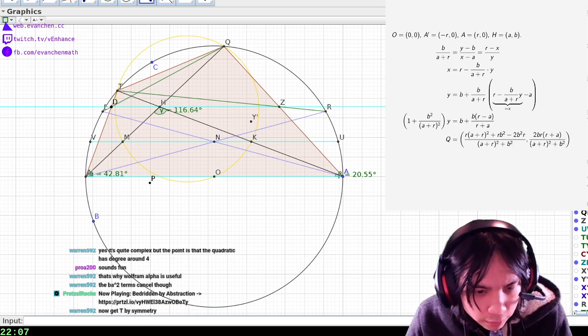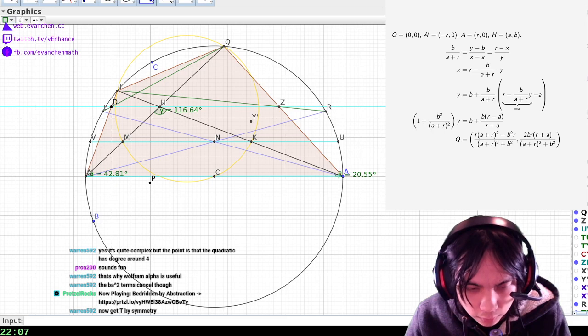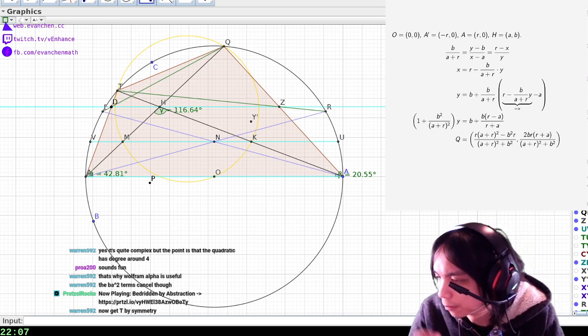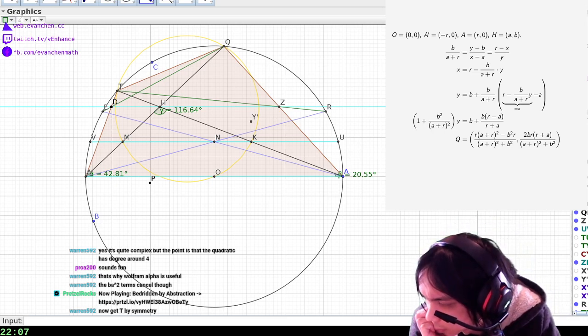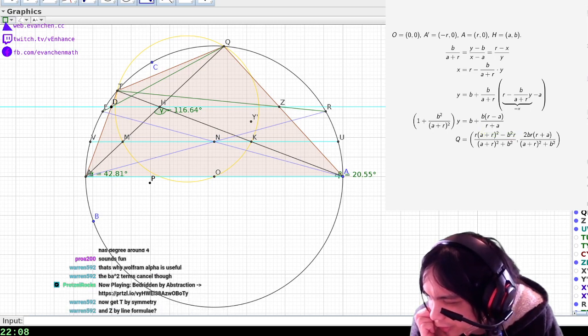Okay, so this term collects. This one doesn't factor, right? Does it? Is there an obvious factor? Oh, other than the R. Oh, it's a difference of squares.